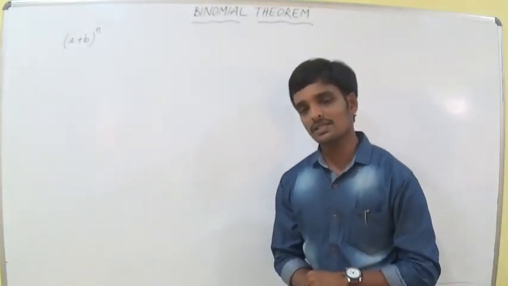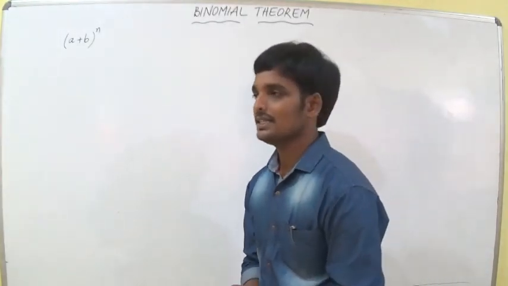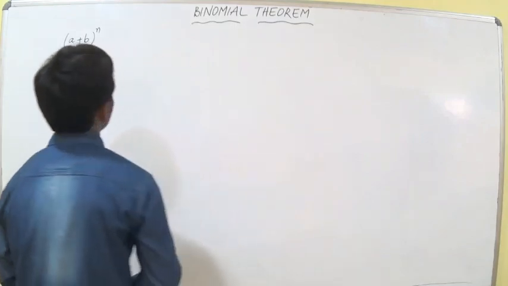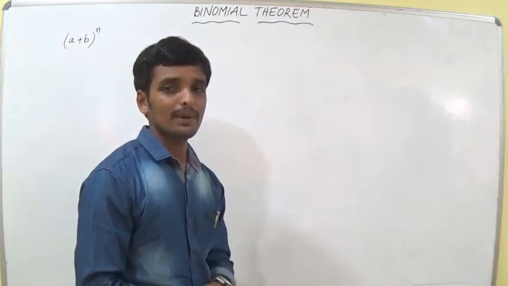So again we are starting from the general expansion. What is the binomial theorem for a plus b whole power n?